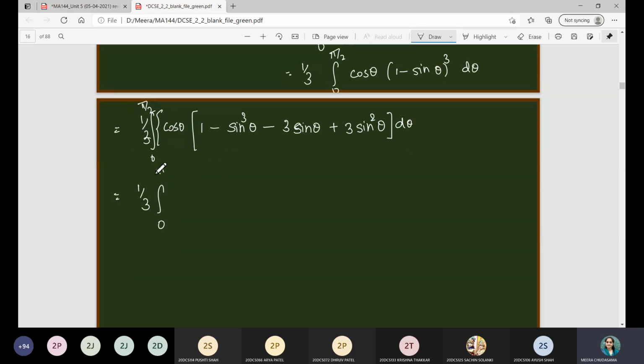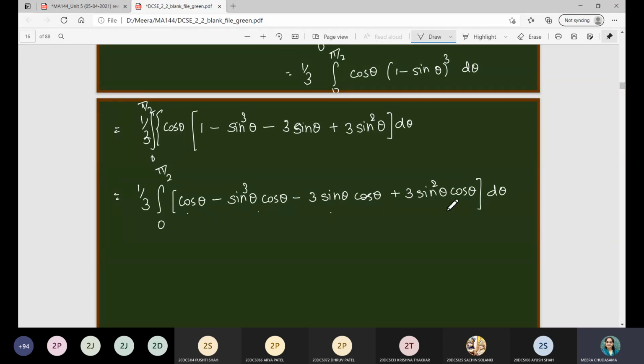So 1 upon 3, 0 to pi by 2. The first quantity is cos theta minus sin cube theta into cos theta, minus 3 sin theta into cos theta, plus 3 sin square theta into cos theta d theta. We want to solve this integration, right? Now if you see, first of all, the sine function has derivative cos theta, so this can be considered directly from the integration formula, that cosine function integration is sine theta.